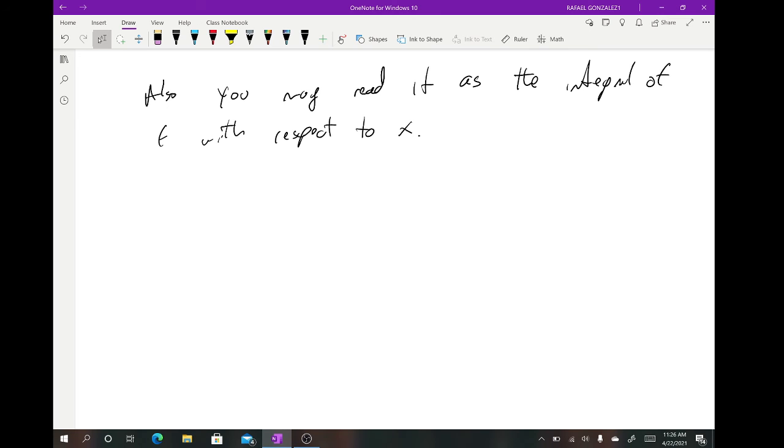With derivatives, we spent I would say 3/4 of the class talking about how to take derivatives, and that gave us newer functions. We began with a function, we took the derivative, we ended up with another function. But if we want to go back to our original function, we have to find the antiderivative, or an antiderivative, of the derivative that we have.